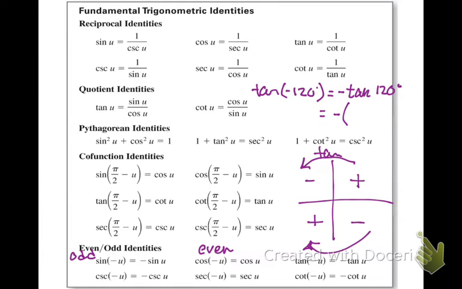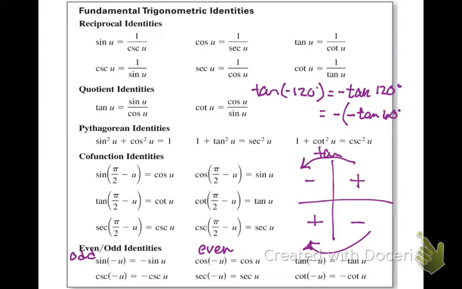What's your reference angle? Well, first of all, 120 degrees, what quadrant is that in? 2. So is tangent positive or negative in that quadrant? Negative. So I'm going to add another negative, right? And then what's my reference angle for 120? 60, because from 120 to 180 is 60.